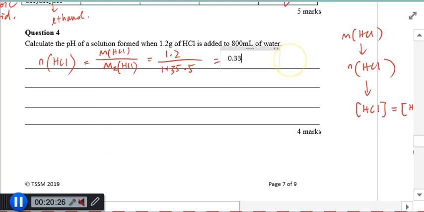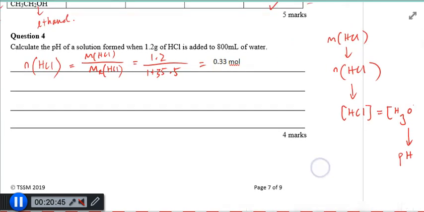I'll just type it in. Well, that's, yep. Yeah, 1 plus 35.5 is 36.5. And so that would be the moles there.